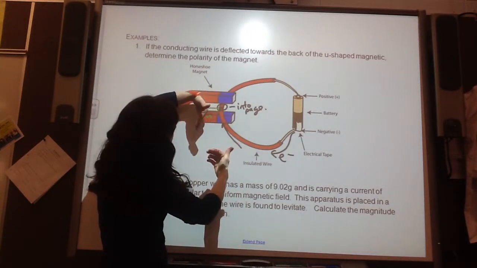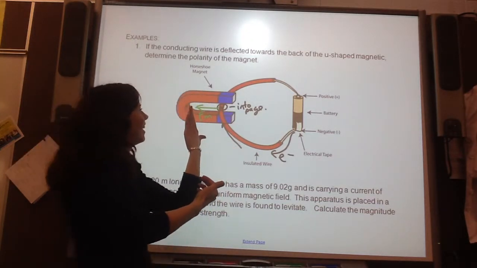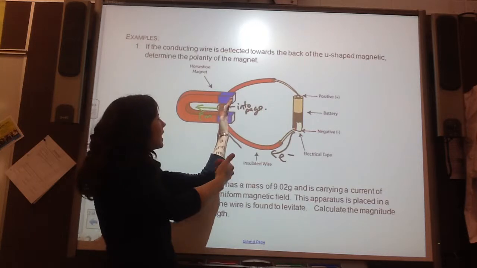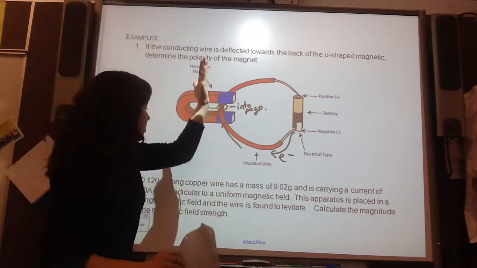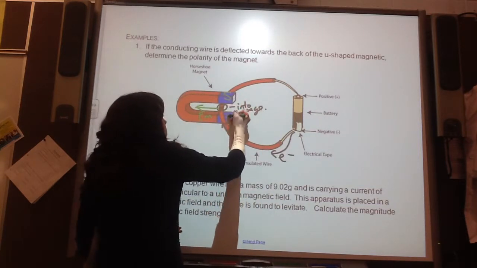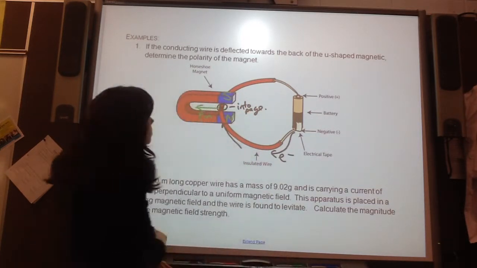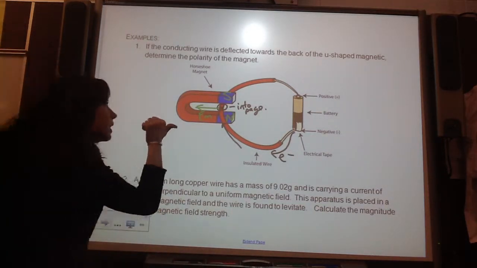So it's being forced this way. Oh, whoops, I changed my hand. Sorry. So it's running into the page, forced this way, magnetic field points up. So this is south and this is north. Why did the electrons go down? Because they're going into the page.